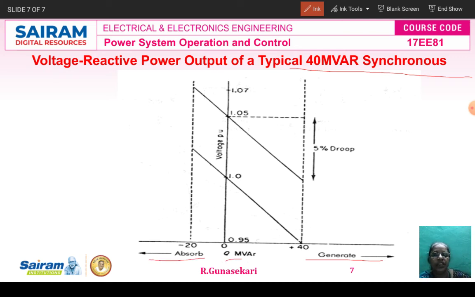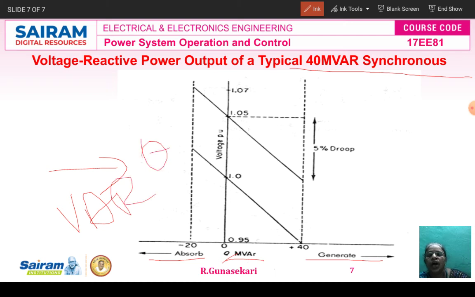This is the MVAR, denoted by Q. On the x axis we take volt ampere reactive, that is Q, and on the y axis we take the voltage in per unit value. Now you see the diagram. This is the 0 value, this is plus 40, this is minus 20. Minus 20 means absorbing reactive power, and plus 40 means generating reactive power.